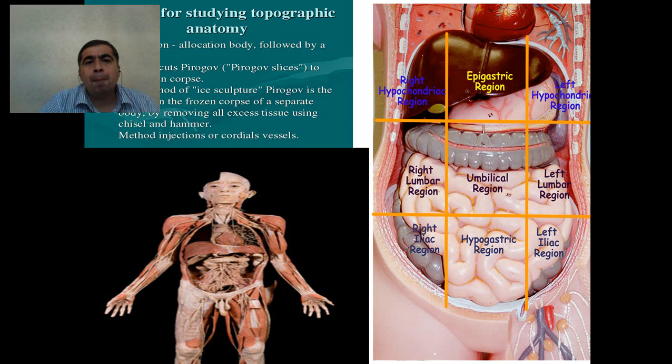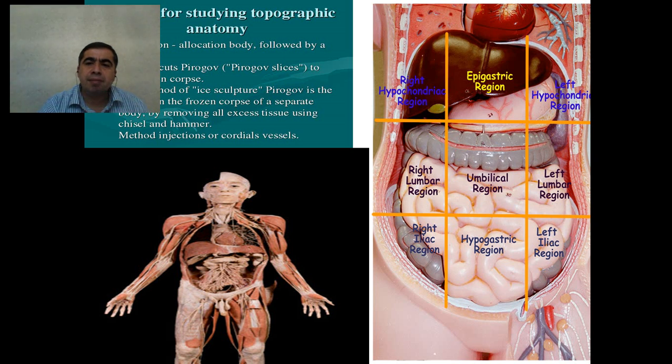And for this, there is the method of cuts by Pirogov on icy or frozen cadavers, because when the temperature is very low, the cadaver is frozen.